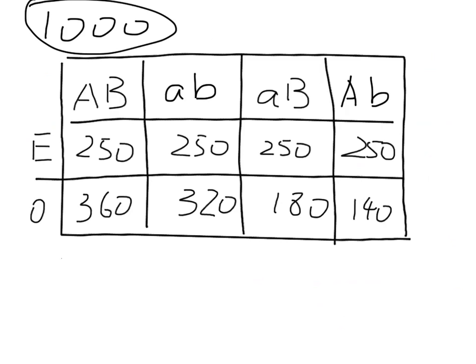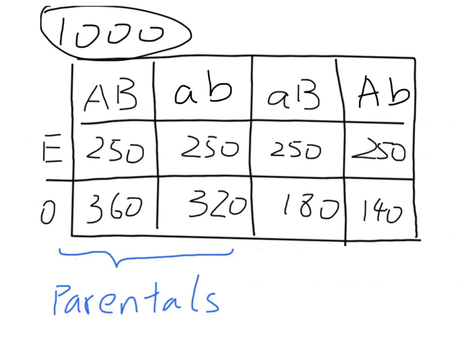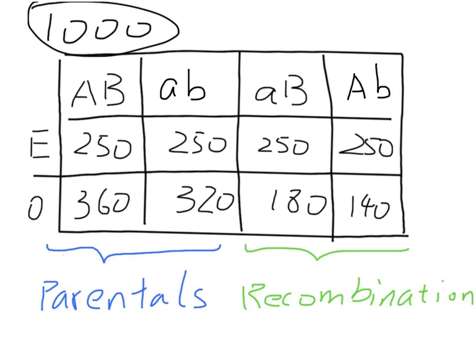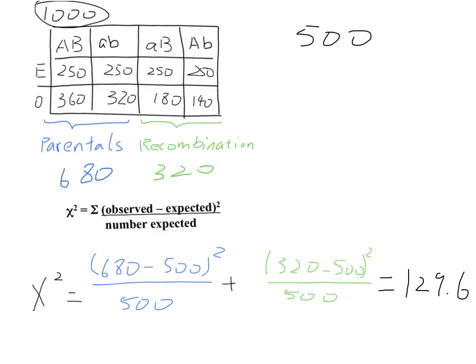The two big numbers would be parental and two numbers would be recombination. The total expectation for parental and recombination would be 500 each, and the total parental observation number is 680, and the total recombination observation number would be 320. We could use the equation to calculate the chi-square.